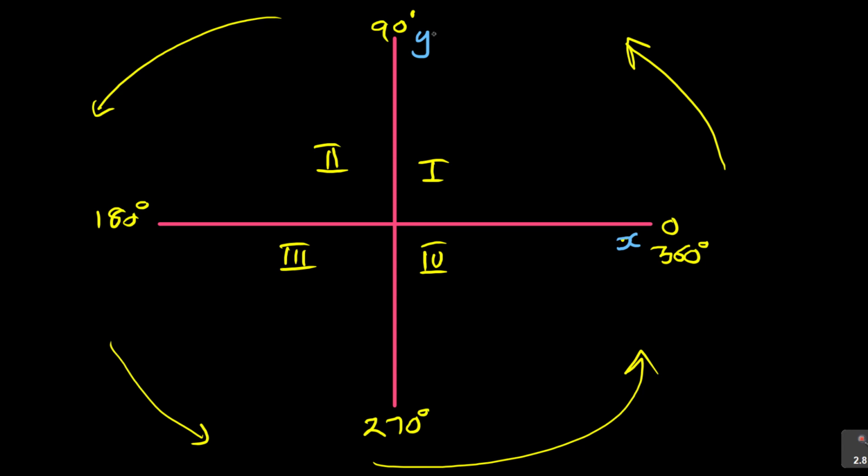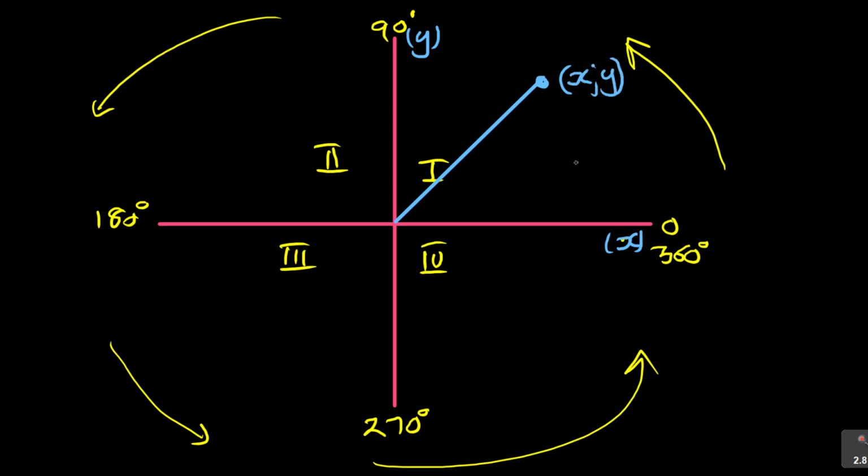But ignore the y part and the x part for now. If I am to draw a line here and mark that line, remember that in coordinates you start with x as well as y.